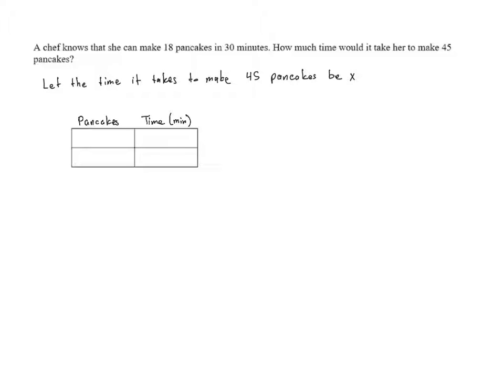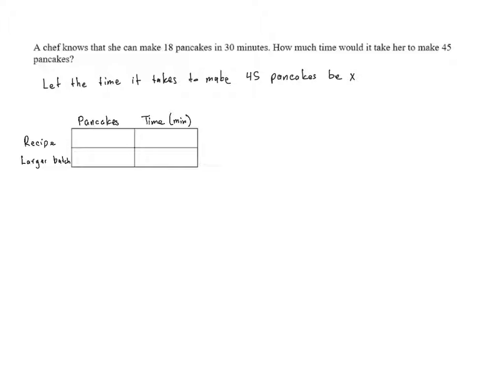That's from prior experience, or from the recipe. Maybe the recipe calls for 18 pancakes and it says she can do it in 30 minutes. But now she wants to make a larger batch. She wants to make 45 pancakes.